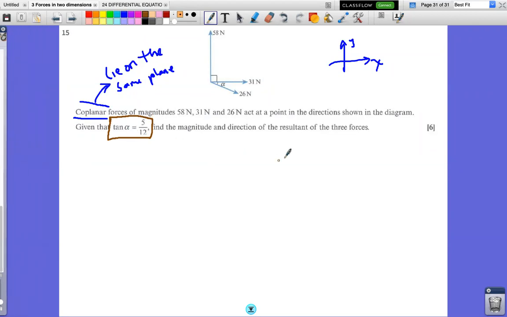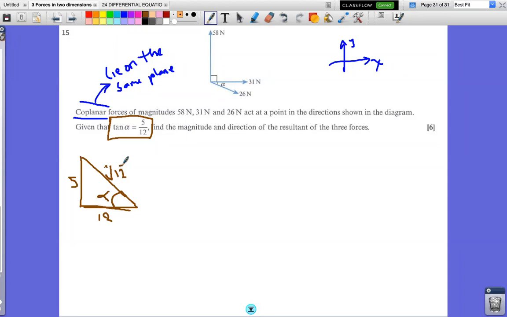So if you are told tan alpha is 5/12, you need to find cos alpha first. If you have a triangle like this and this angle is alpha, tan alpha is 5/12. So this side is 5 and this side is 12. You have to calculate this side, the square root of 12 squared plus 5 squared.